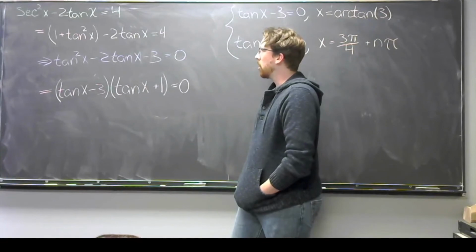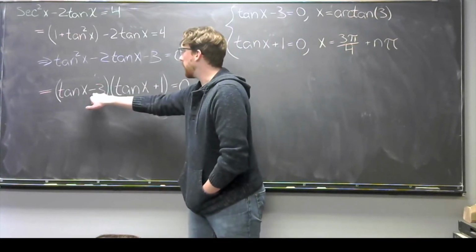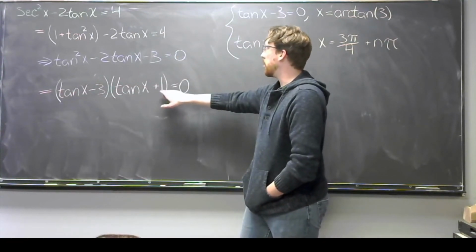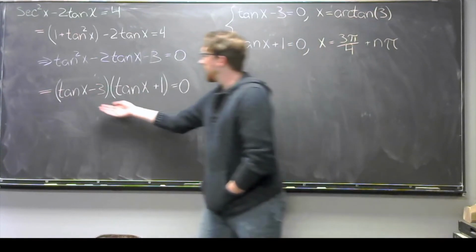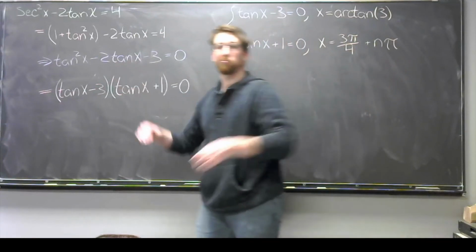Okay? So factoring that, we get tangent minus 3, the quantity, times tangent plus 1, the quantity, is equal to 0. So either the first quantity or the second quantity is 0.